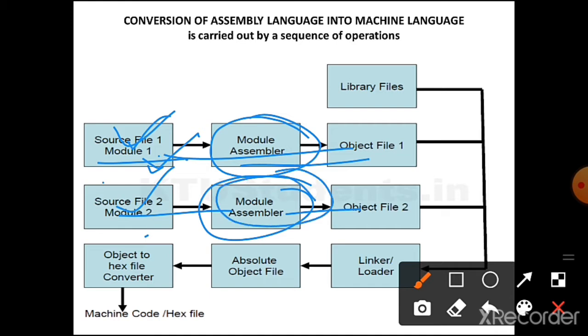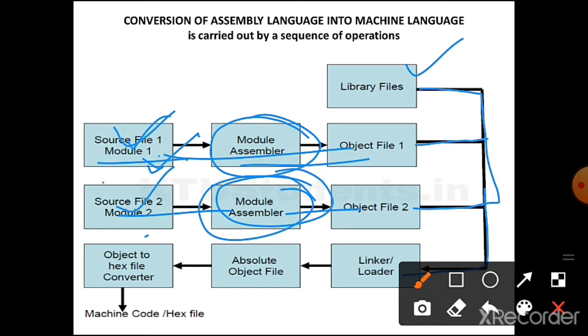Then these object files are connected to library files. If the object file needs some specific code, it will be stored in the library files, and then it is connected to a linker or loader.